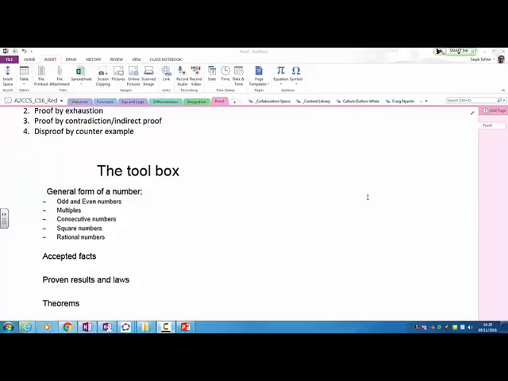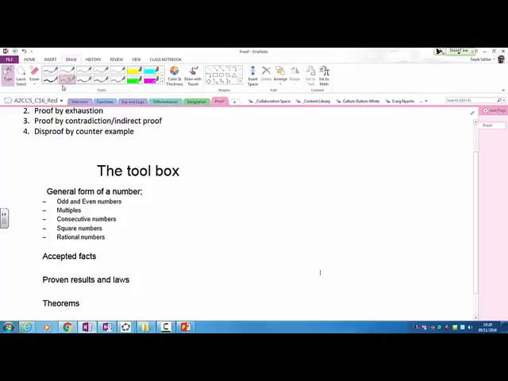What we'll be doing in today's lesson is to focus on proof by contradiction or indirect proof and disproof by counterexample. Before we look at these proofs, we need some sort of toolbox. First, we need to be aware of odd and even numbers.